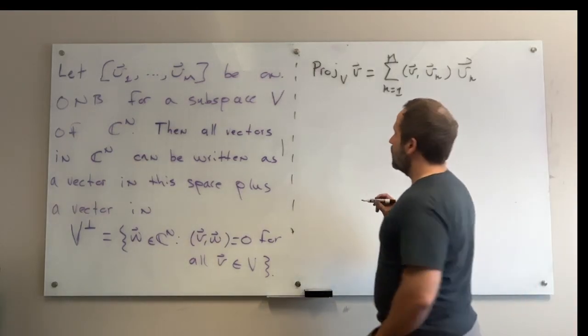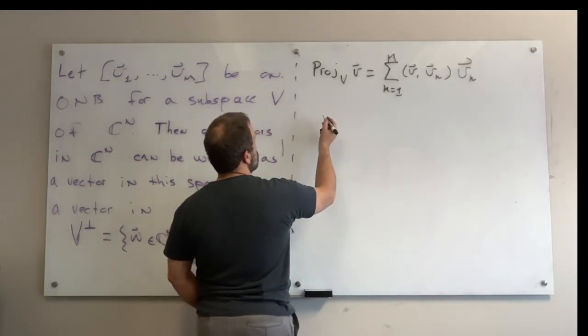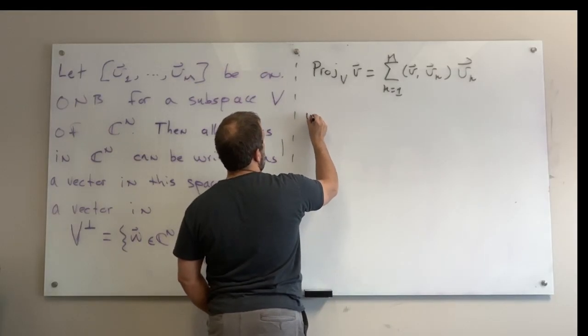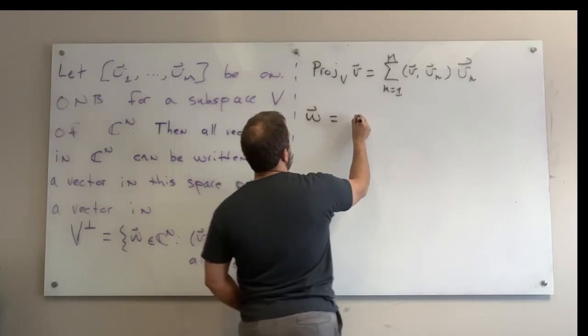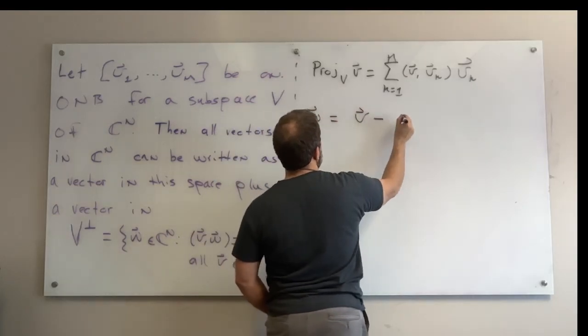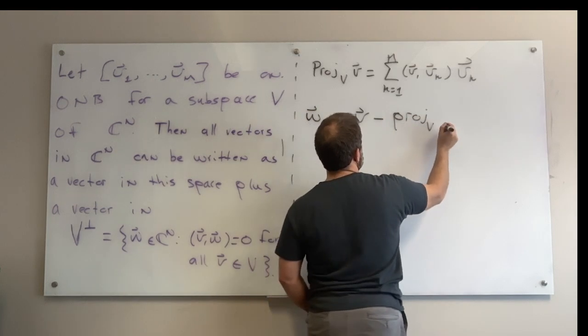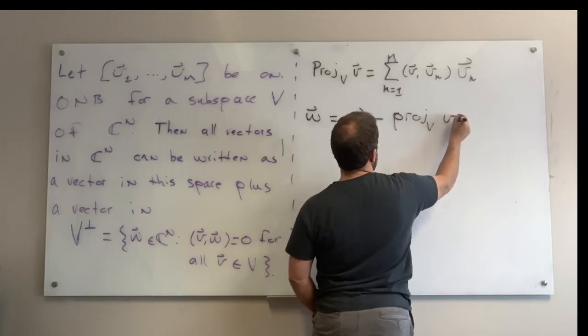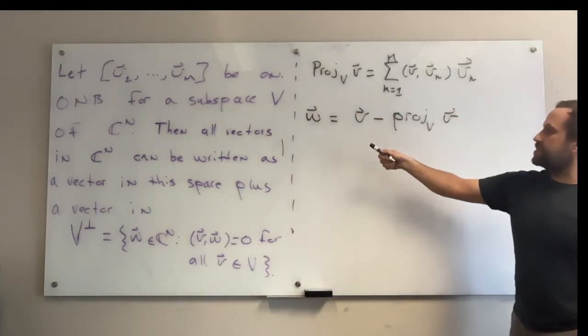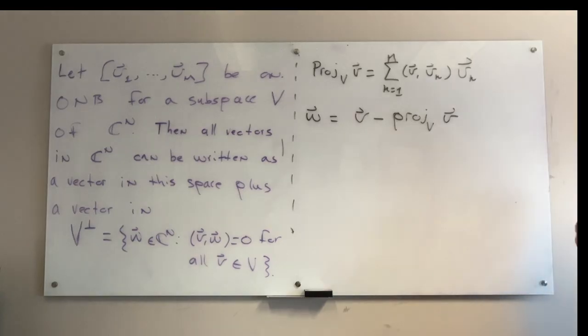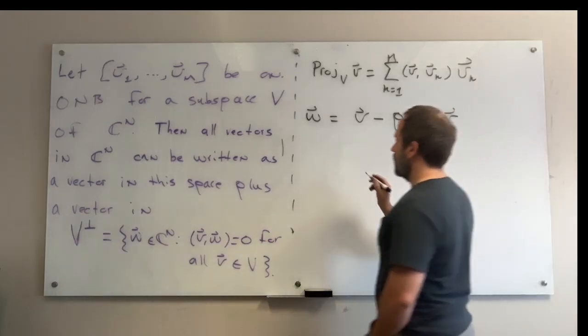Okay, and then if we look at the vector, I'll call it W, if W is equal to v minus the projection onto the subspace V of v, this is in the orthogonal complement. Okay, and I want you to prove that.